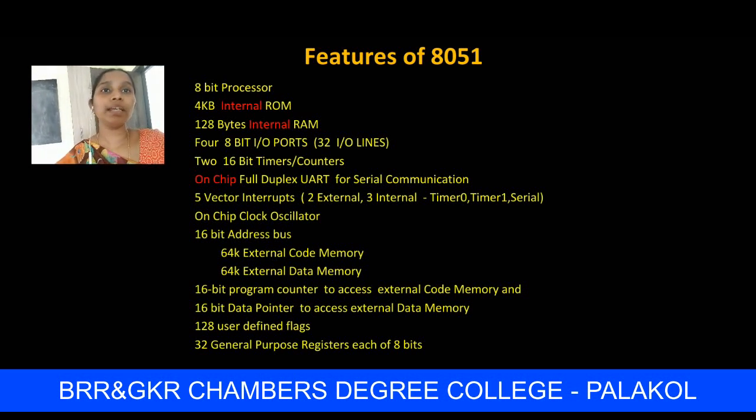Next, 16-bit address bus, 64 kilobytes of external code memory, 64 kilobytes of external data memory, a 16-bit program counter to access external code memory, and a 16-bit data pointer to access external data memory. There are 128 user-defined flags and 32 general purpose registers, each 8 bits.